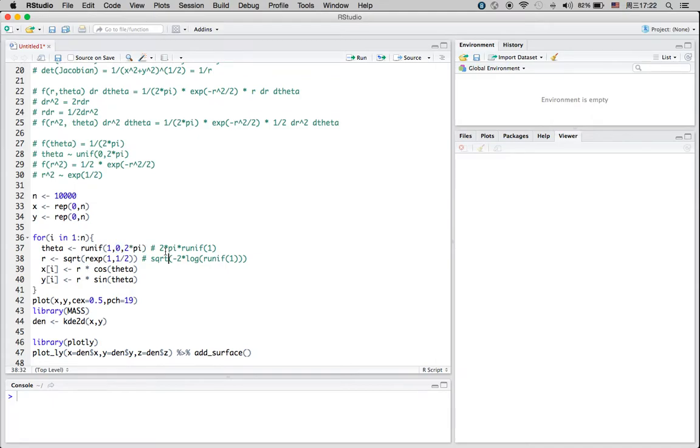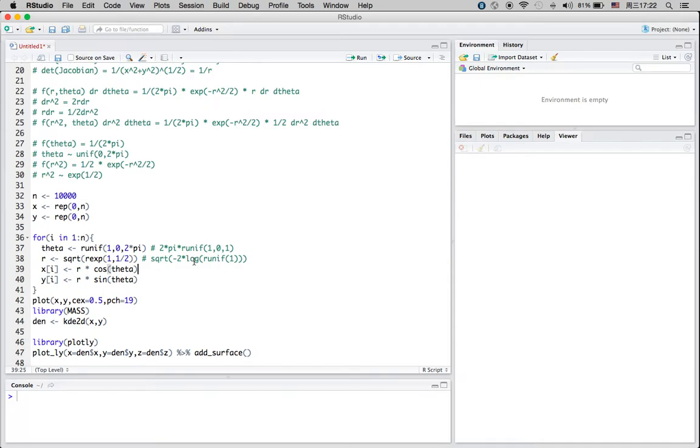Or if you want, you can also do 2 pi multiplied by runif, which is over the interval from 0 to 1. And then r follows an exponential with lambda equal to 1/2, so we can take the square root of rexp with lambda equal to 1/2, and we want one sample here.